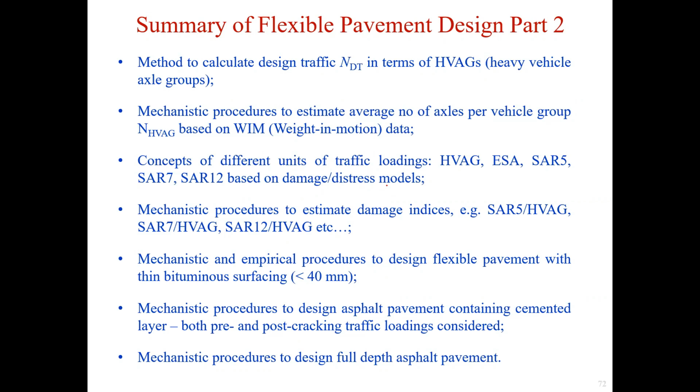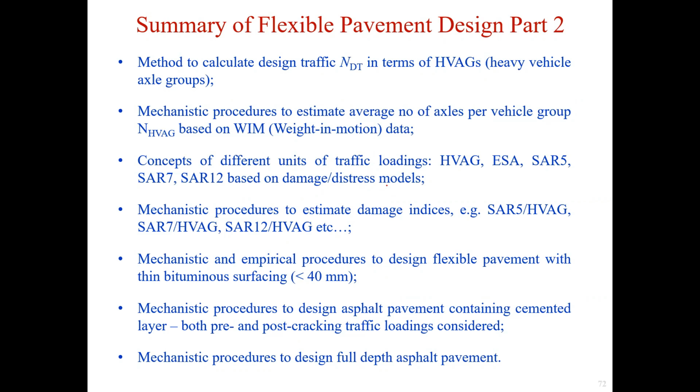Next are the concepts of different units of traffic loadings, HVAG, ESA, SAR5, SAR7, SAR12, based on damage or distress models. We also learned the mechanistic procedure to estimate damage indices, for example, ESA over HVAG, SAR over HVAG, SAR over ESA. Finally, we go through 3 typical flexible pavement design cases.